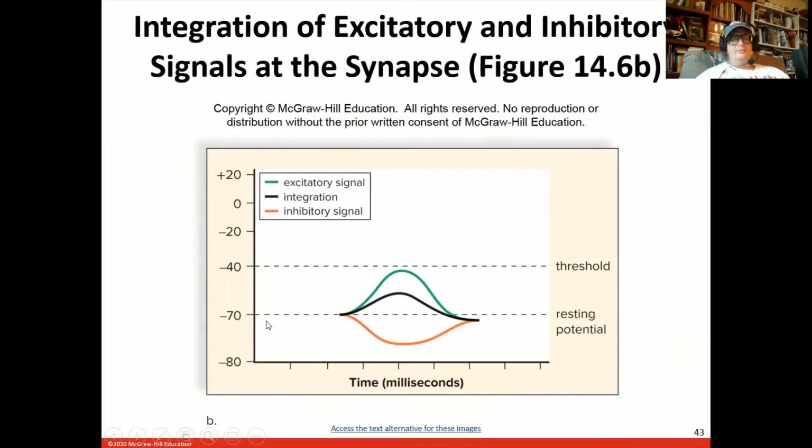So here we have excitatory and inhibitory signals. Remember, our resting potential is -70 millivolts. If you have signals coming in that are excitatory, they get you closer and closer to the threshold. Remember, once we hit that threshold, we're going to fire. And it's all or nothing. We send the signal on at full strength. So if we just barely have enough stimulus to get to the threshold, we fire.